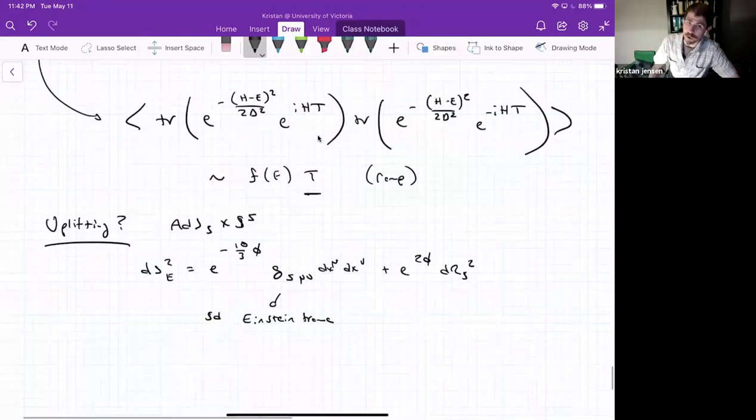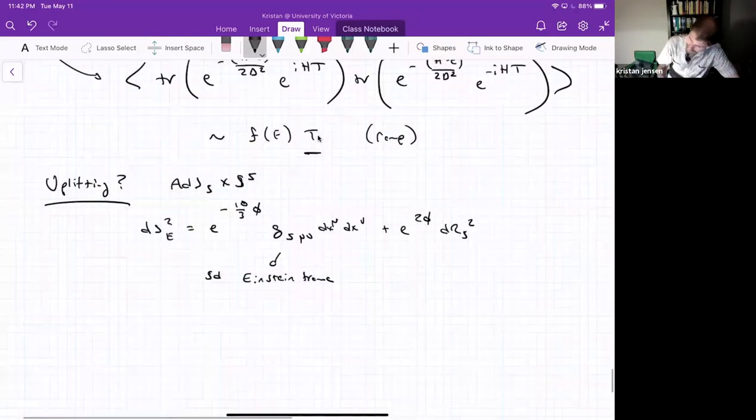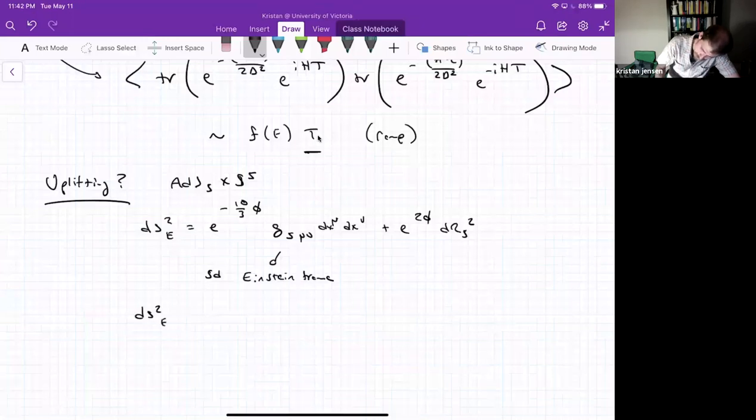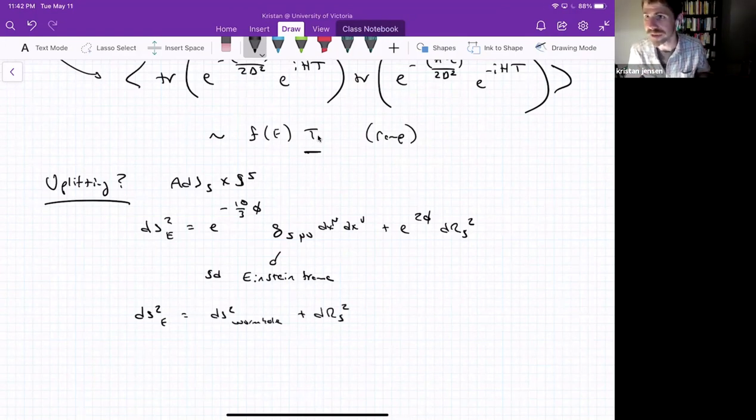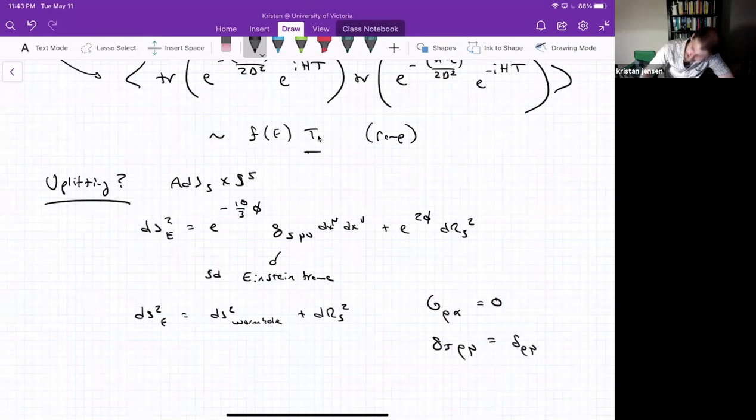Well, we can find a wormhole in this case, a 10D wormhole geometry, which is just of the form ds squared wormhole in the 5 directions of AdS plus d omega 5 squared, through this lambda solution that I described earlier, provided that we make a gauge fixing whereby the mixed rho-sphere components of the metric are set to 0, and where we also set the 5D metric components g rho mu equal to delta rho mu.